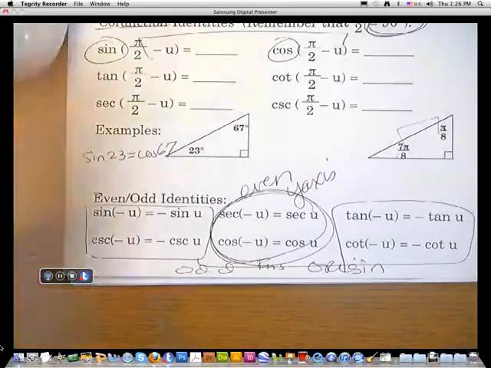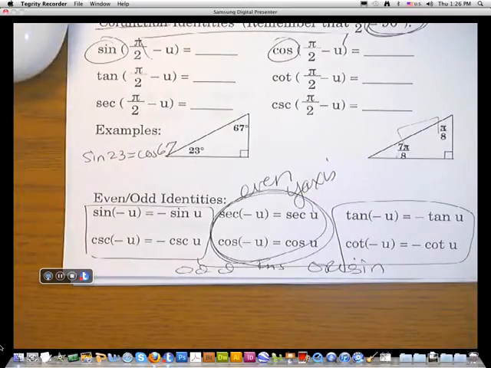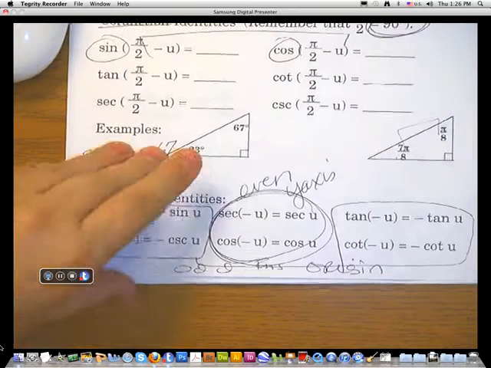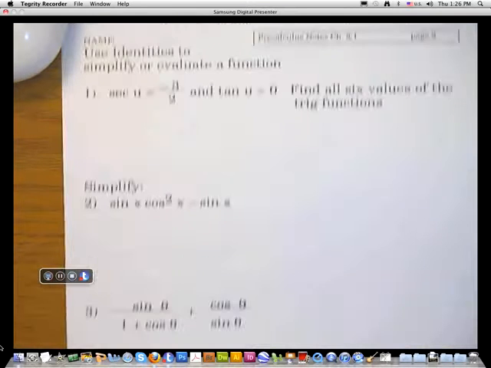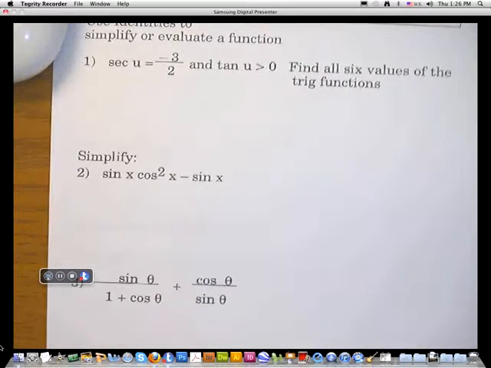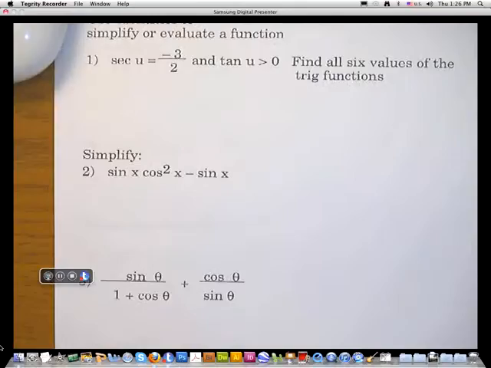So that's just review of things that we've talked about already in the previous chapter. We're going to be using a lot of these identities to be able to solve and simplify and evaluate. So let's start looking at some examples, and that's pretty much all these notes are, just tons of examples on how to use this stuff.